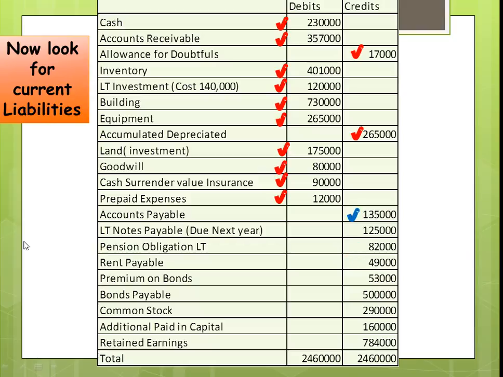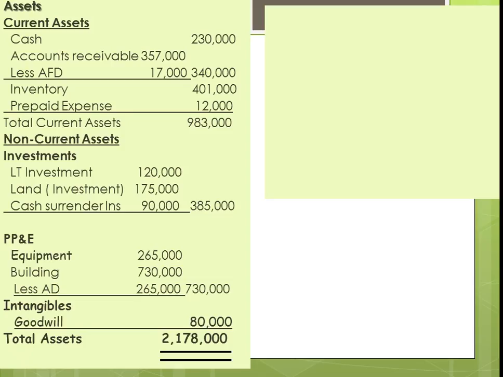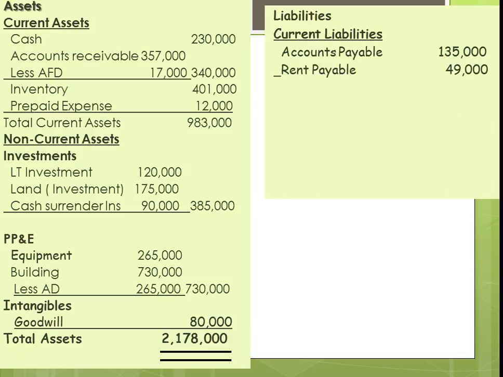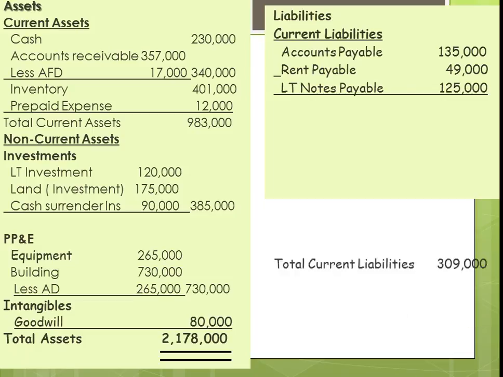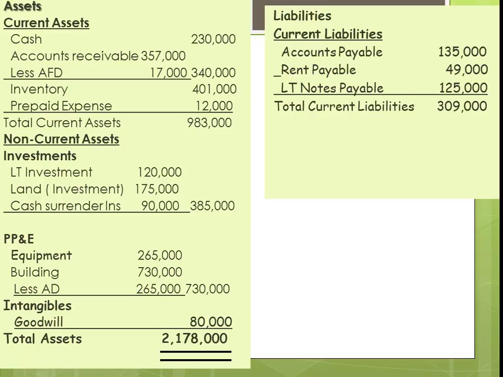That would include our accounts payable, our long-term notes payable that's due next year, and our rent payable. Now we can go to the current section of liabilities. And we would list our accounts payable, our rent payable, and our long-term note payable that's due next year, which gives us total current liabilities of $309.